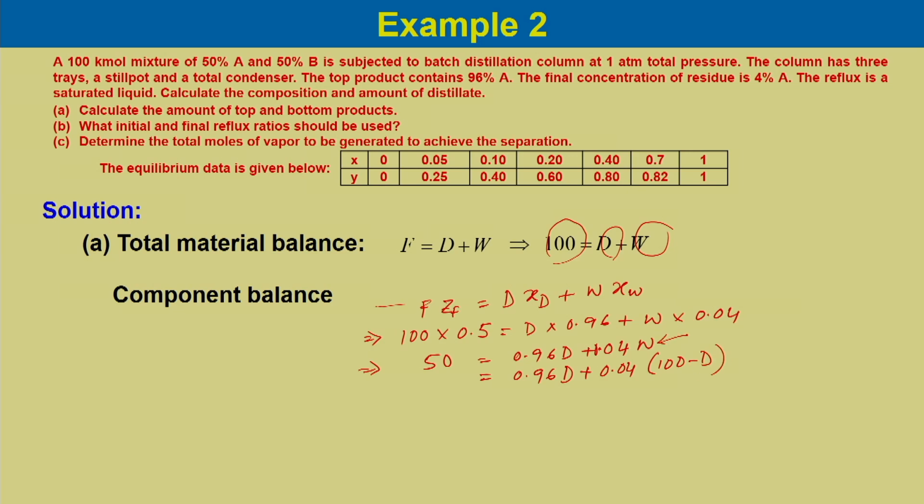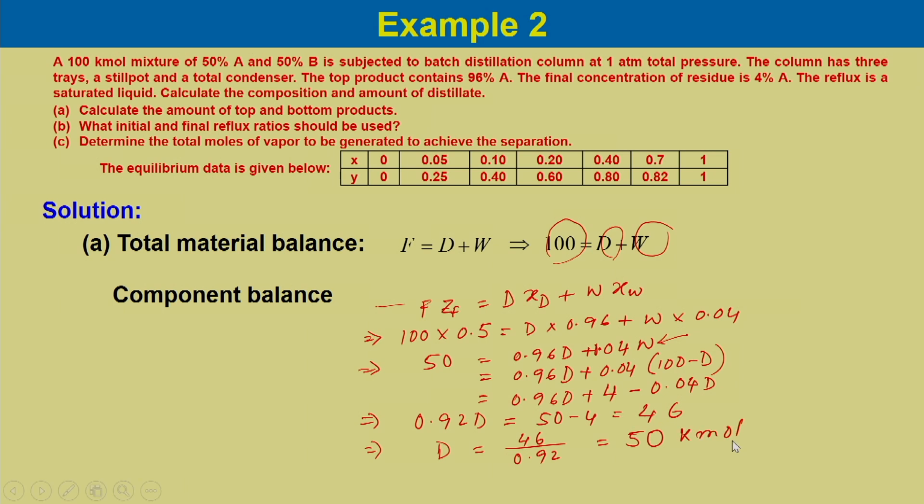So, in place of W we can substitute 100 minus D. So, essentially we will get 0.96 D plus 4 minus 0.04 D. So, from here we can write 0.92 D would be equal to 50 minus 4, which is 46, and we can obtain D is equal to 46 divided by 0.92, which is equal to 50. So, the distillate is 50 kilomole.